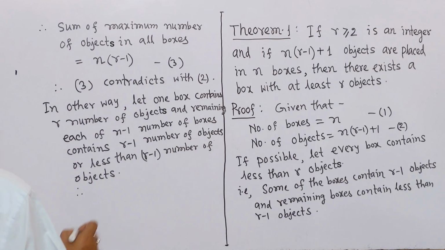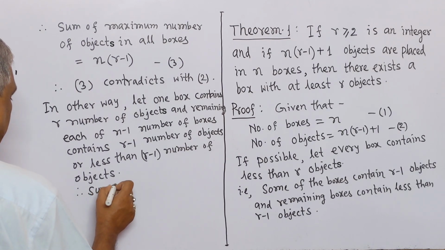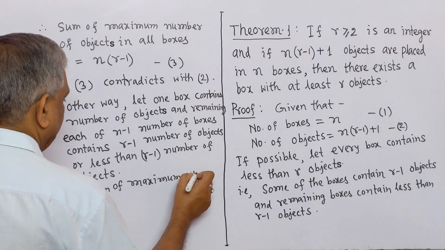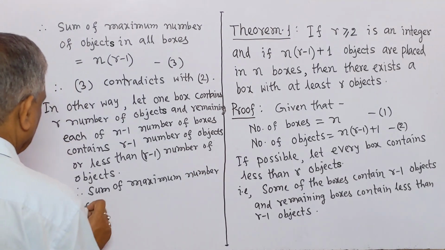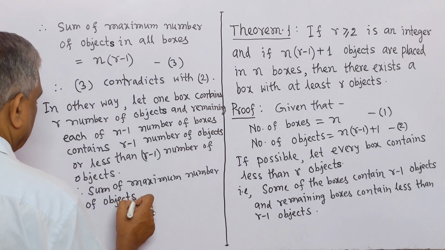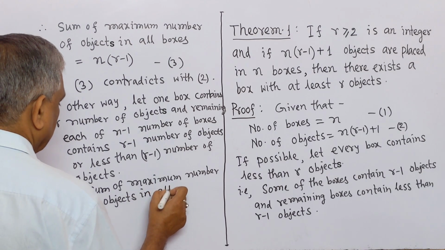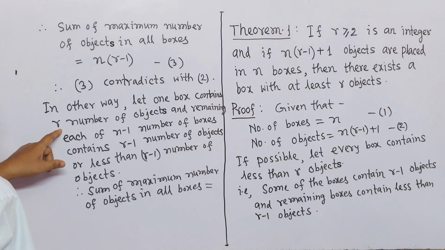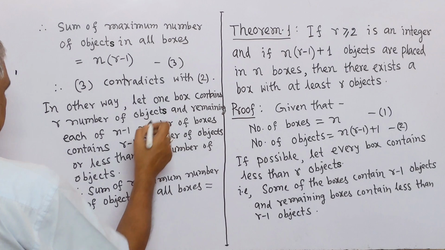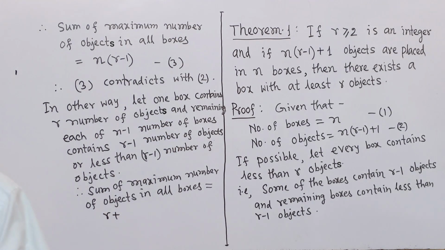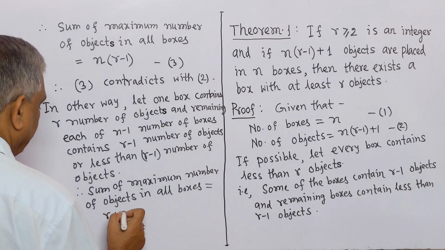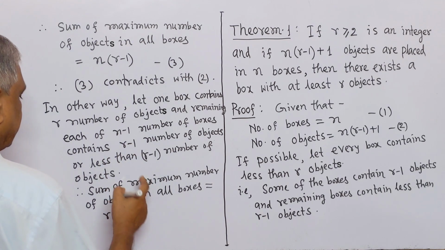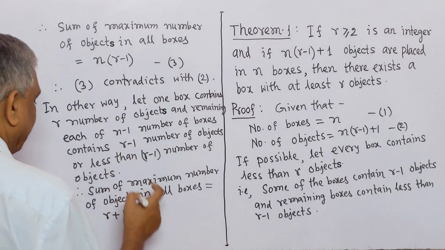Therefore, sum of maximum number of objects in all boxes equal to, in one box we have r number of objects, and remaining n minus 1 boxes, maximum number of objects in one box is r minus 1.